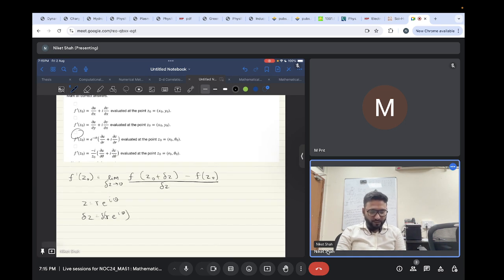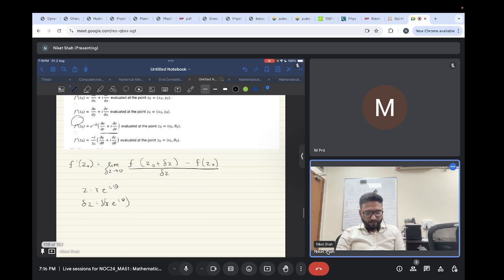All right. Now, because the third option clearly shows me that both the derivatives are with respect to r, the radial vector, the radius, what I'll do is say that delta z tends to 0 implies delta r tends to 0 and theta is constant.